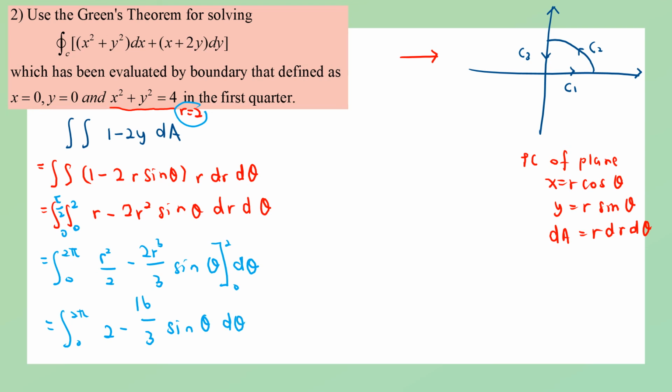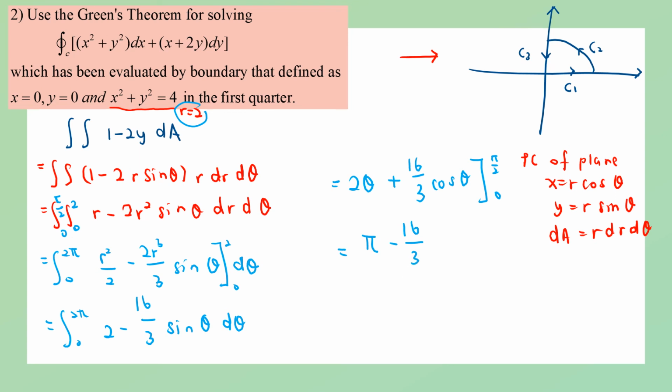Next, you will integrate with respect to theta. You will get 2 theta plus 16 over 3 cos theta, limit 0 to pi over 2. So when you substitute pi over 2 and 0, you will get pi minus 16 over 3. So this is the final answer.